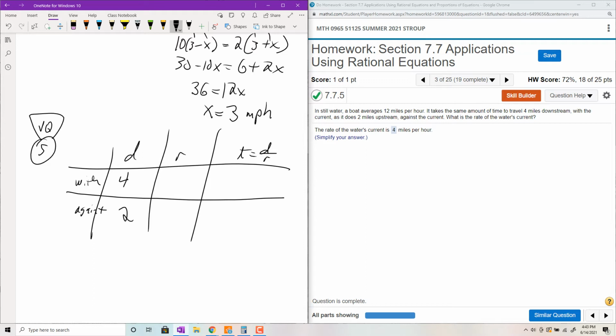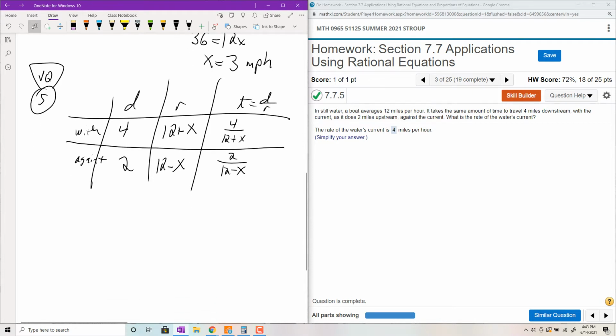The boat itself is going 12 miles per hour, so going with the current it's 12 plus whatever the rate of the current is, which we don't know, so we'll call that x. Going against the current, it's 12 minus x, subtracting the water pushing against the boat. Then finally you have 4 over 12 plus x, and 2 over 12 minus x.